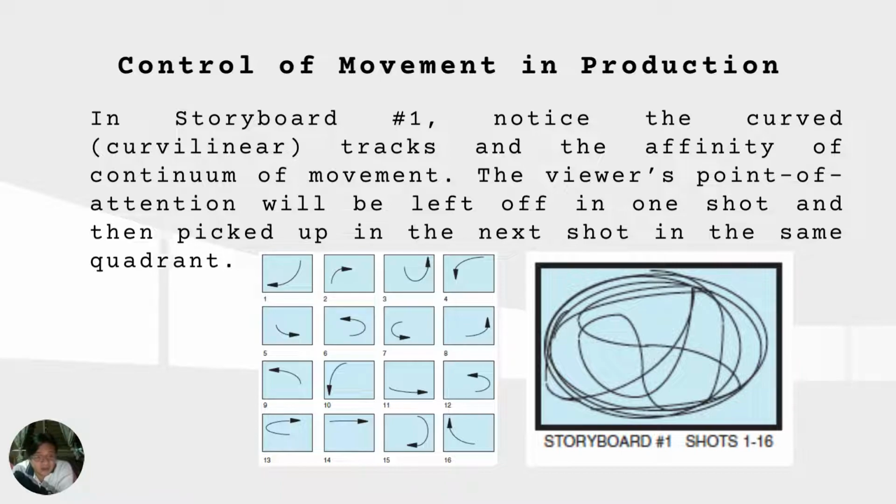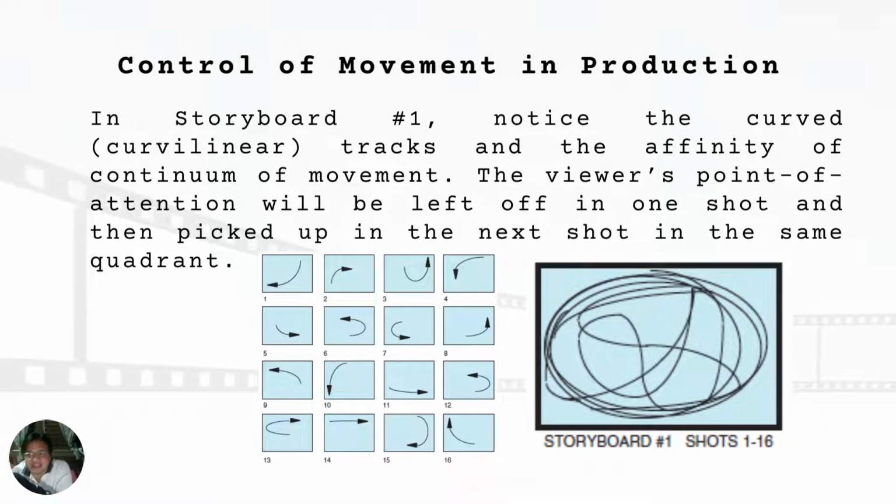So, ito affinity to. The attention will be on the left of your screen in one shot and then pick up from the next shot in the same quadrant. So, kumbaga, even if it moves in several different directions, you follow it smoothly. Nagsasambutan yung mga shots mo. So again, it is affinity pa rin.